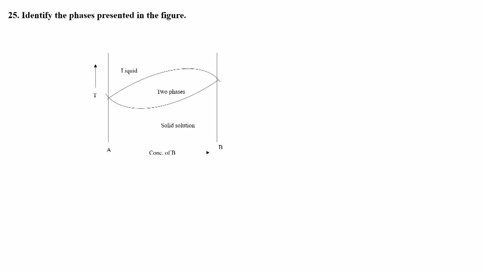Next, move to problem number 25. Identify the phases present in the figure. So here you get liquid at the top, and then there are two phases here, and then you have the solid solution here. Okay.